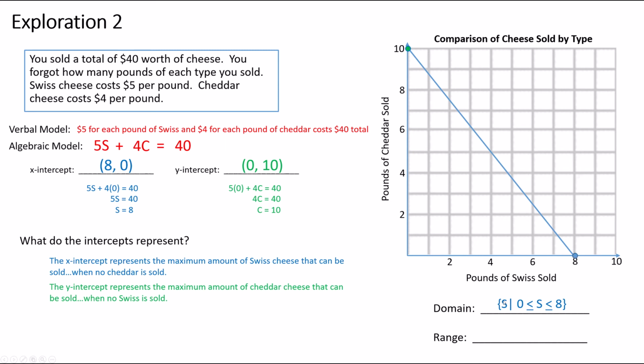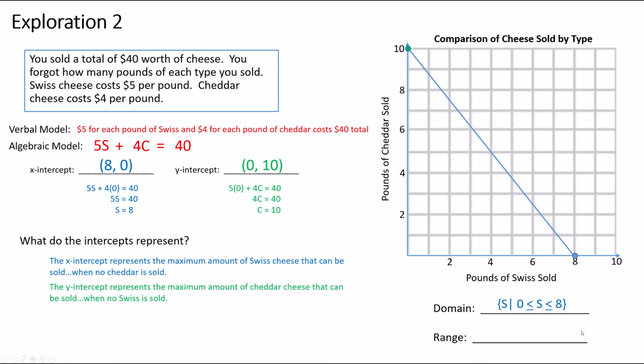Or the amount of Swiss cheese that I can buy can be any value as long as that amount of Swiss cheese is between 0 and 8 pounds. Does that make sense? Notice I'm using the function notation that we learned back in our functions unit. This tells me what I'm talking about. It says all of these will work. This says as long as, and here's the condition it has to meet.